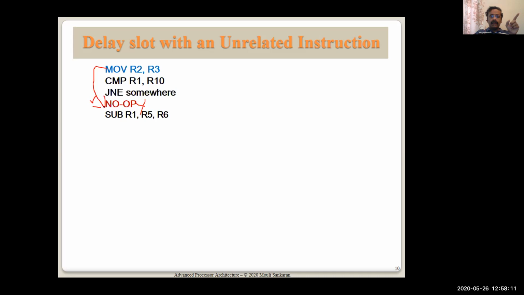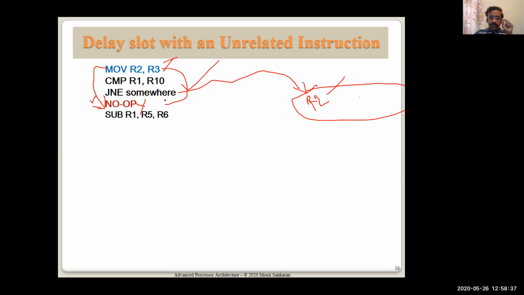Even if JNE is going there and then immediately using the value of R2 or R3, remember this instruction is coming next to this instruction, after the JNE only. Now if I move this move R2, R3 into this slot, it is ahead in the pipeline.